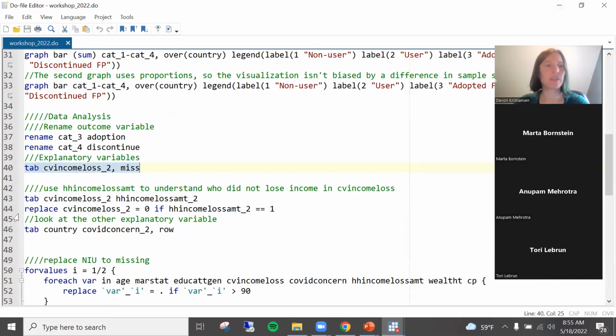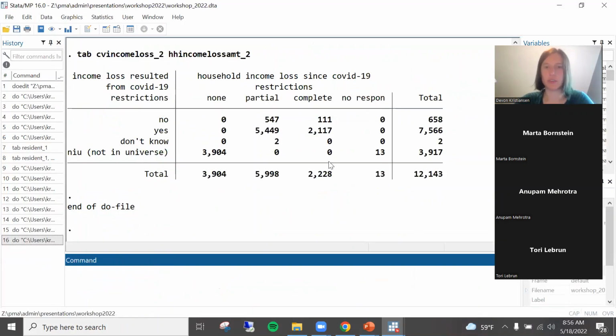And I did want to demonstrate a little bit, again, just in a different way to make sure that it's clear what I mean by the not in universe. So the variable HH income loss amount, that is whether the household experienced income loss due to COVID.